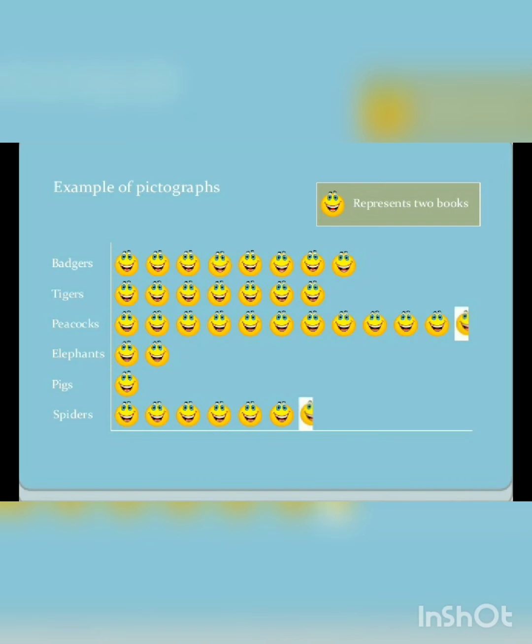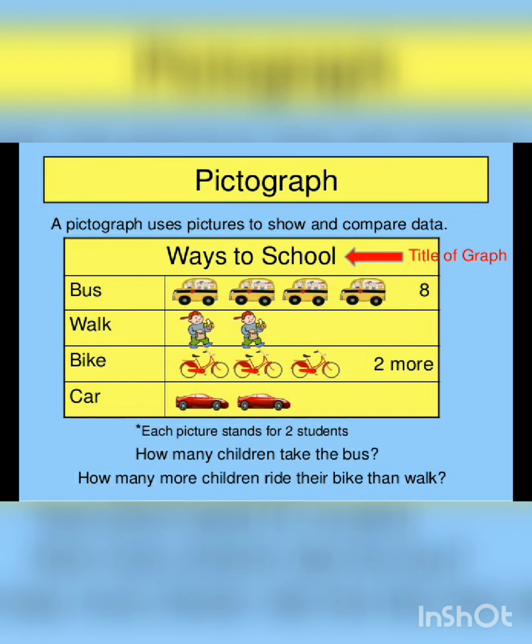So 6 multiplied by 2 is 12 plus 1, that is 13. So a pictograph uses pictures to show and compare data.